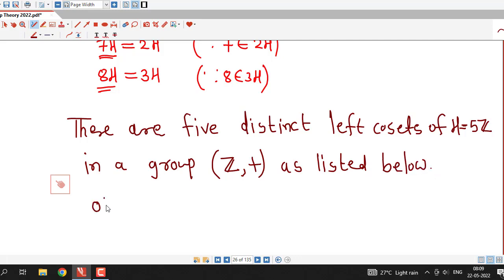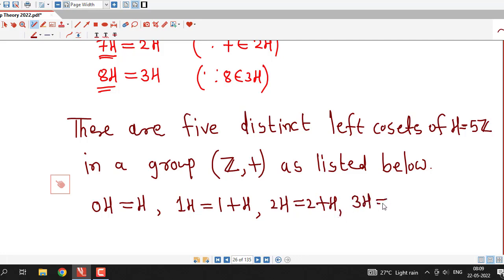So we have 0h, that is 0 plus h, which is h, then 1h, that we can write as 1 plus h, 2h, that is 2 plus h, 3h, that is 3 plus h, 4h, that is 4 plus h. Okay, fine. So the remaining are repeated.